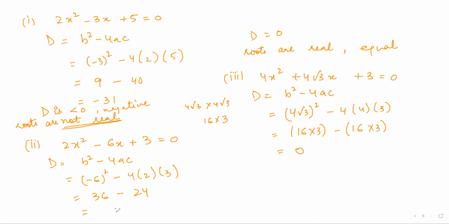That is 12. So I'm getting 12, so that means d is positive in this case, not equal to 0. So roots are of course real, but they are distinct, right? Yes, ma'am. And in this case, your d is equal to 0, so roots are of course real, but they are equal.